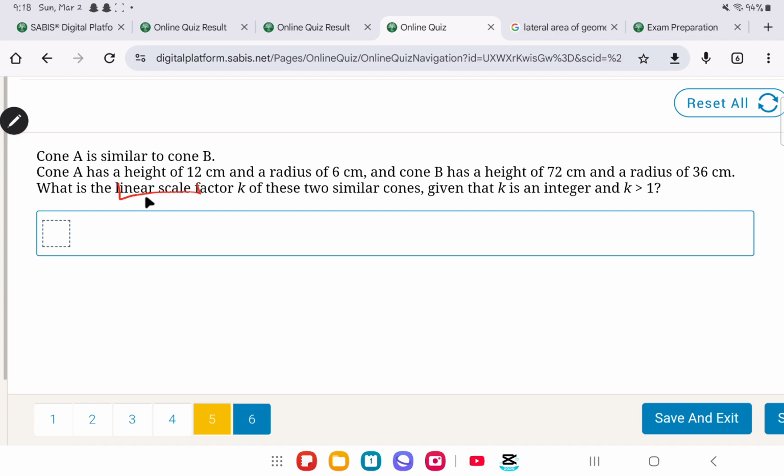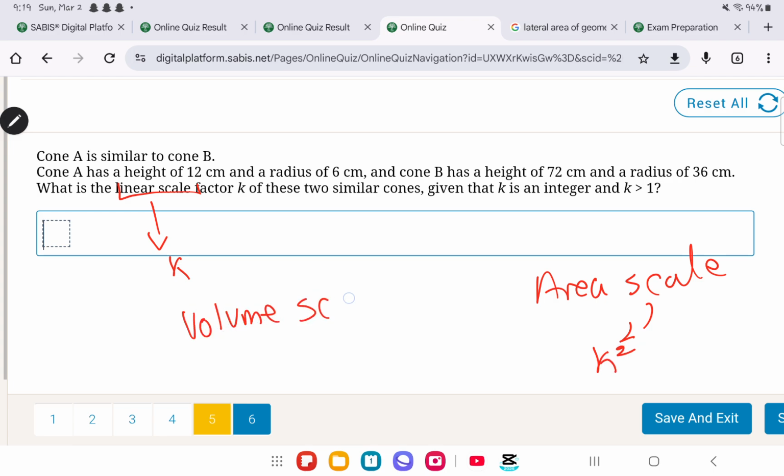The linear scale, whenever they say linear scale, that means it's the constant K. When they say area scale, sorry for the bad writing, it is constant K squared. If they say volume scale, it is constant K cubed. That's it, very simply. Okay, so since they are asking for a linear scale, it is the constant K. So you're going to choose any two sides.